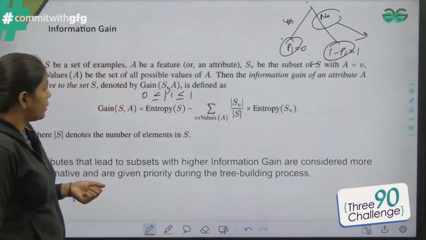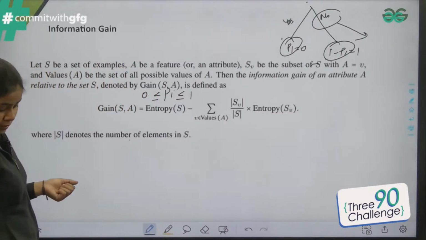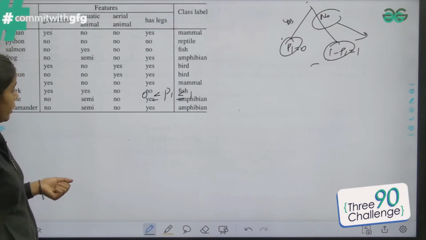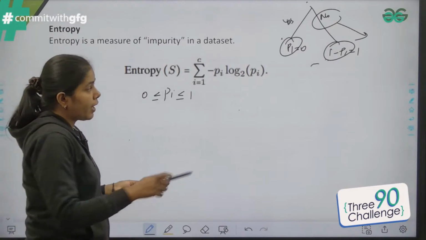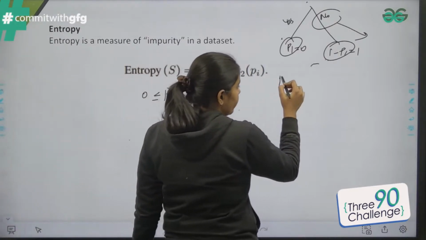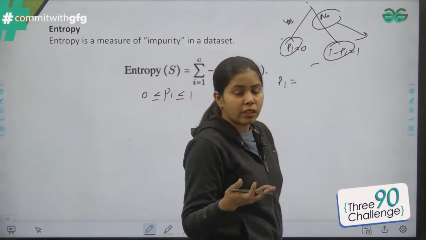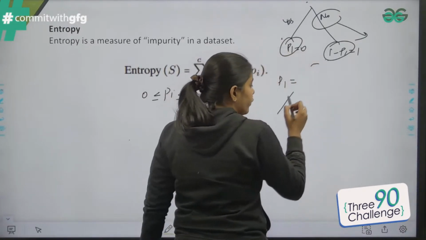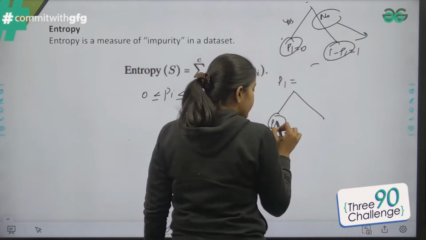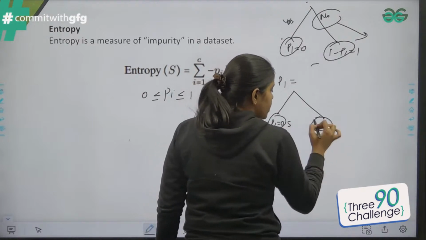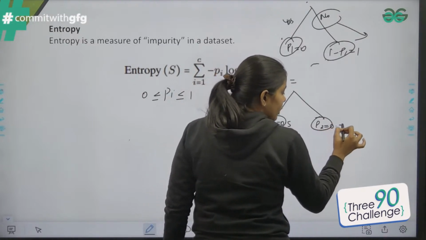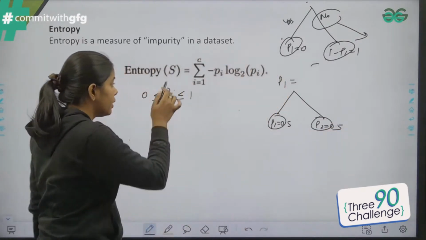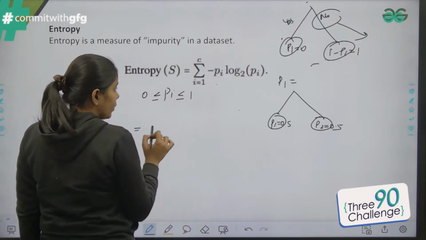Yeah, you are right. Let me show you here. If I have binary classification, then when would I get maximum impurity? When I get divided into 50%, 50%, that means P1 is 0.5 and P2 is 0.5. Then I'll get maximum impurity. If I write it down here, what would I get?